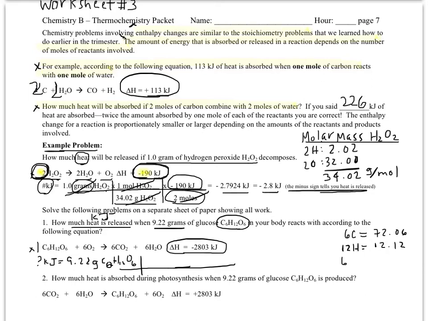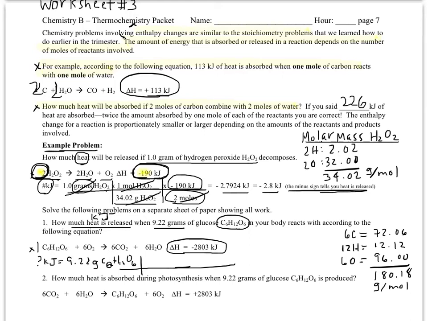And 6 oxygens, 6 times 16 would give me 96. Okay, so I add that up and I get 180.18 grams per mole for the molar mass of glucose, right?